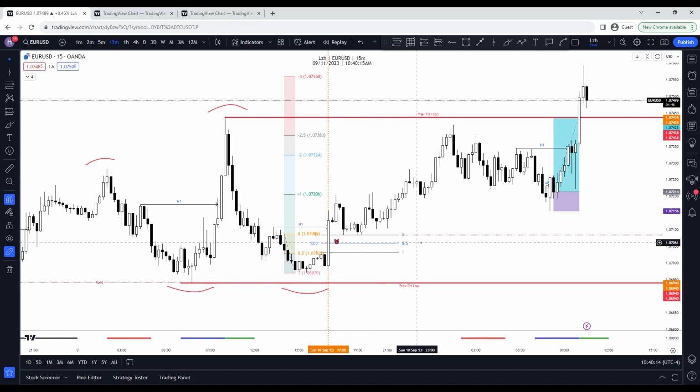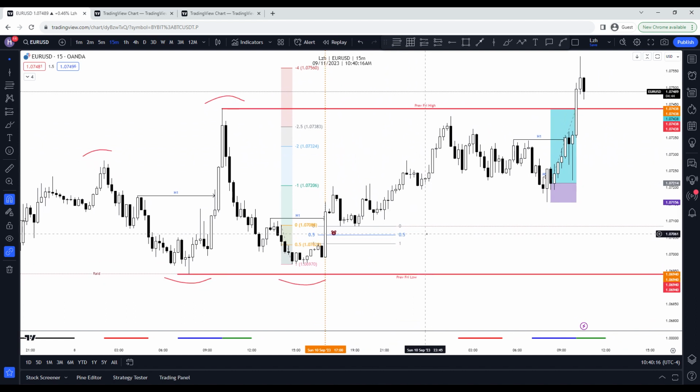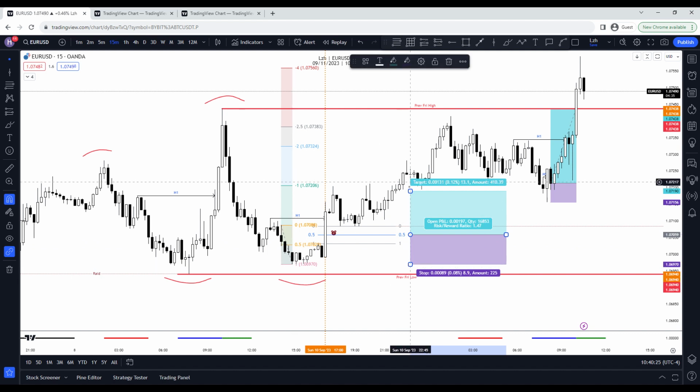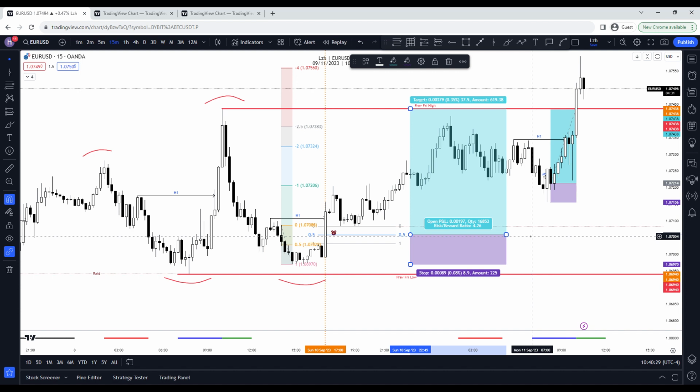I was actually looking for entry at this fair value gap 50%. I didn't really use the OTE for this one, so it gives me about 4 hour. But unfortunately, price kept driving to the high and never came back at all for re-entry.